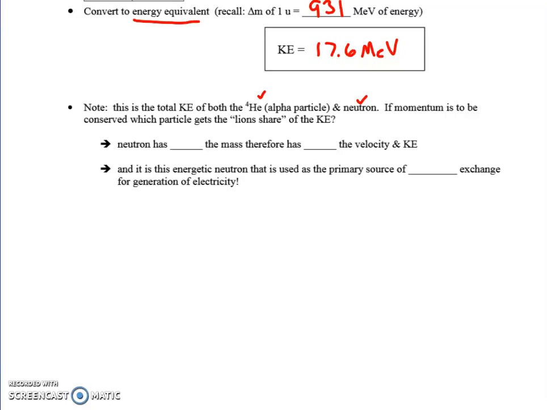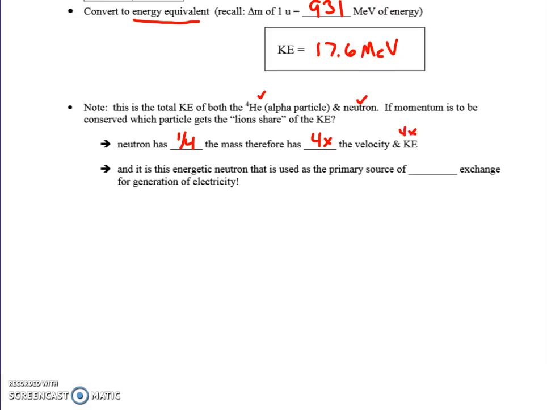If the overall momentum of the D and the T was 0, then we expect the helium nucleus and the neutron to move with an overall momentum of 0. So their momenta are pretty much the same. But since the neutron has 1/4 the mass roughly, and they have the same momentum, it would make sense that it has 4 times the velocity. And if it has 4 times the velocity, it turns out it has 4 times the kinetic energy.